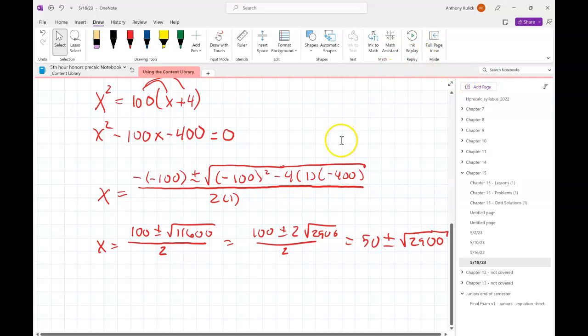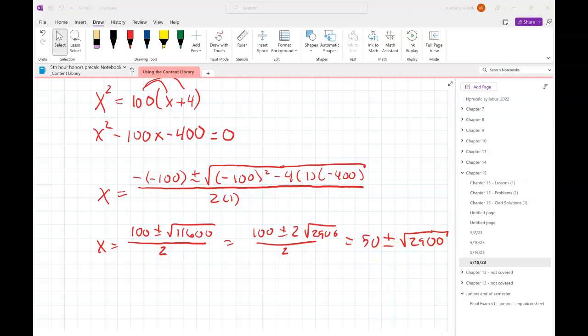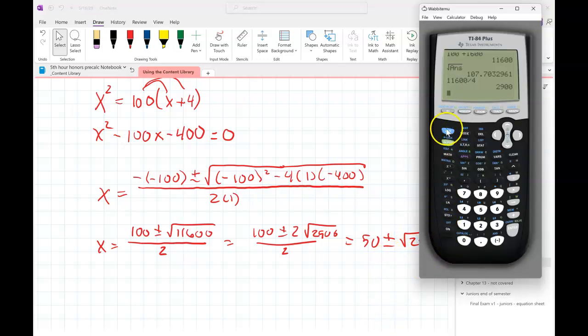So far, so good. And then, I mean, I can probably simplify that radical a little bit more, but I don't really care too much about it. The thing I really want to see is whether 50 minus the square root of 2900 is a negative number or not.